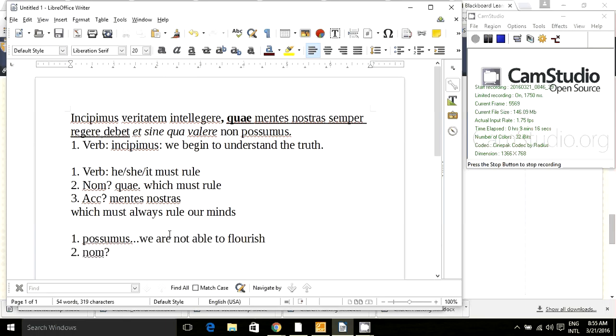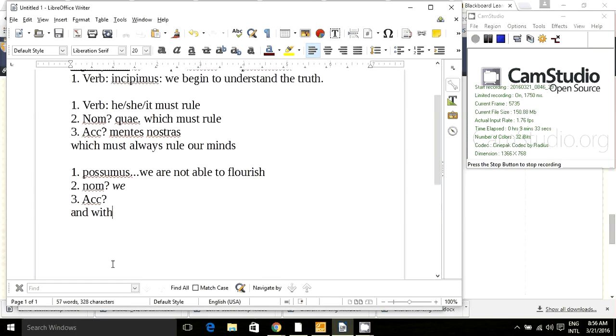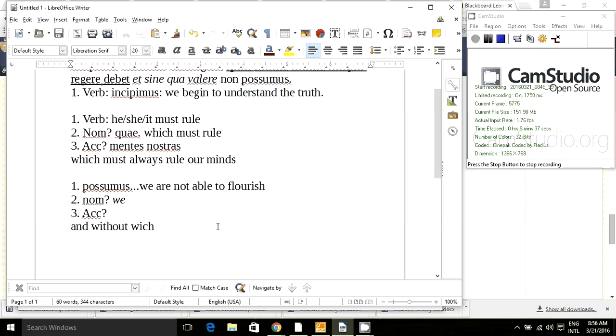Well, no, because it's the word we. And do we have an accusative? No, we just had a complementary infinitive. So just taking the rest of it, we have et sine qua, and without which, we are not able to flourish.